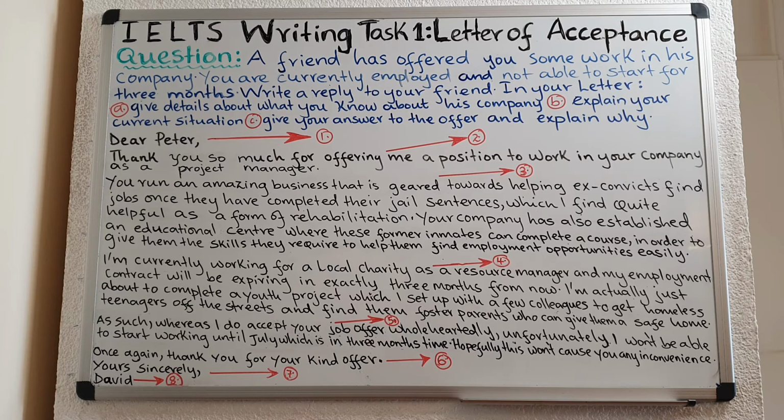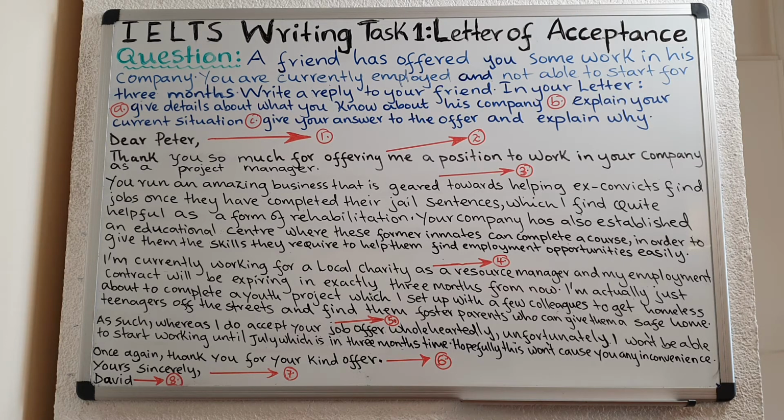Rehabilitation means that they are being integrated back into the society. Because when somebody has been in prison, they can't function very well once they get out of prison. So they find it very difficult to find a job, for example.